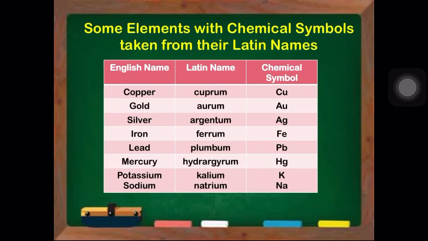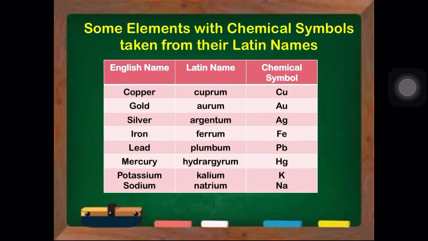And here are some of the elements with chemical symbols taken from their Latin names. Their English name, copper. Its Latin name, cuprum. So the chemical symbol, capital letter C and small letter u. Next is gold.